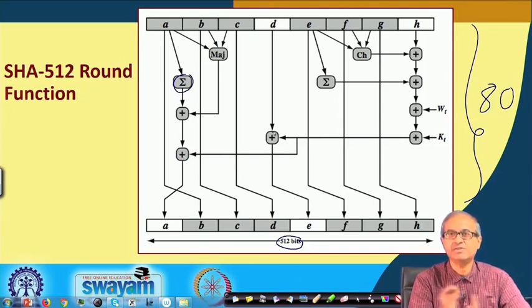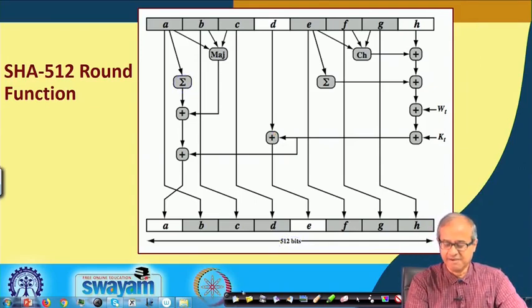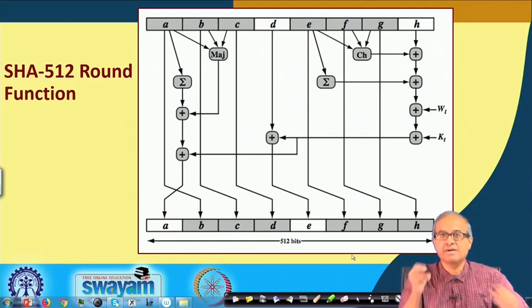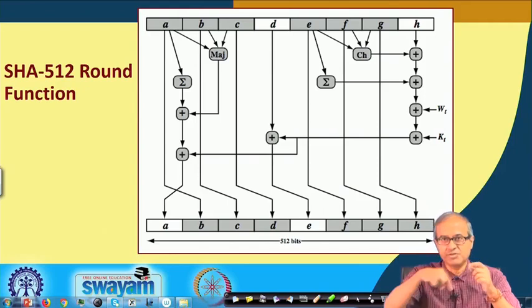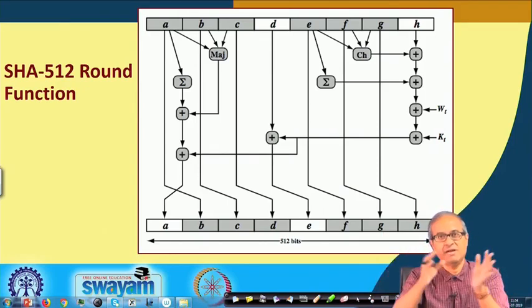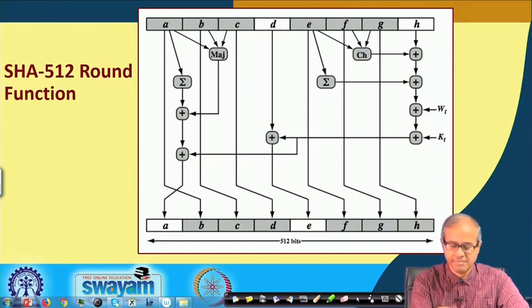There are many such operations going on inside, and everything is iterated 80 times. Only after that you get the final 512 bit digest, and that is going into the input of f for the next one, and finally you get back a single 512 bit digest, which you take as the final hash value, right.